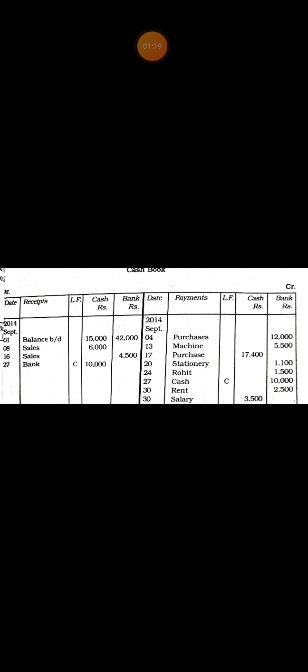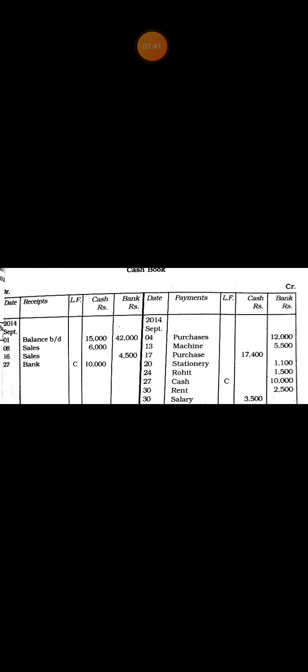So, write it on the bank column of the cash book. Next, September 8, sale of goods for cash. Sold goods and received cash. Sale of goods is a receipt which is written on the receipt side of the cash book in cash column.